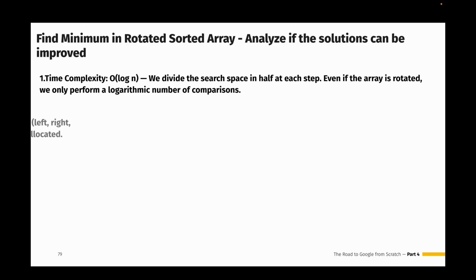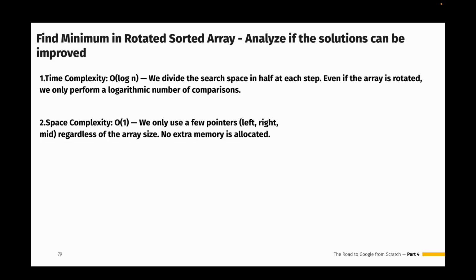Okay, cool. And the space complexity is O(1). We only use a few pointers, left, right, mid, regardless of the array size, so no extra memory is allocated. So I think the complexity is fine.